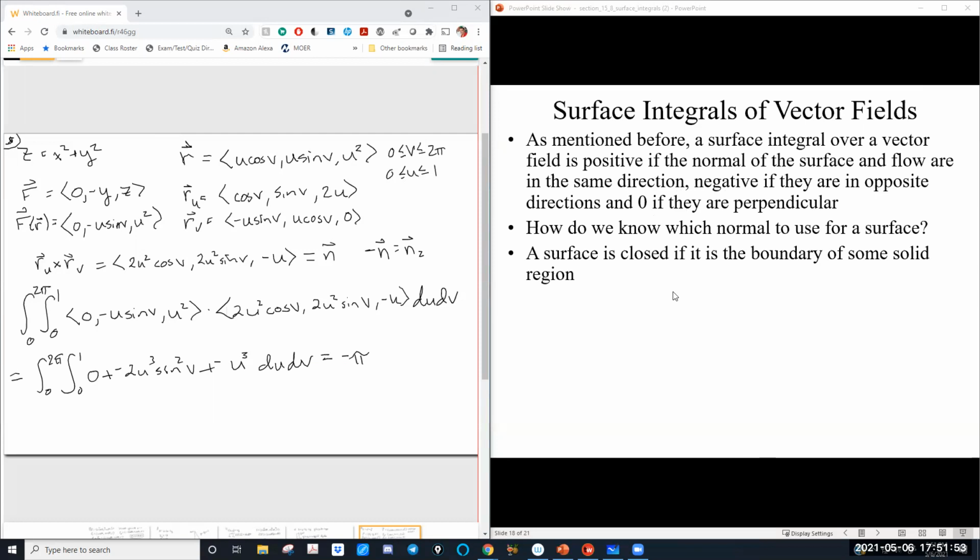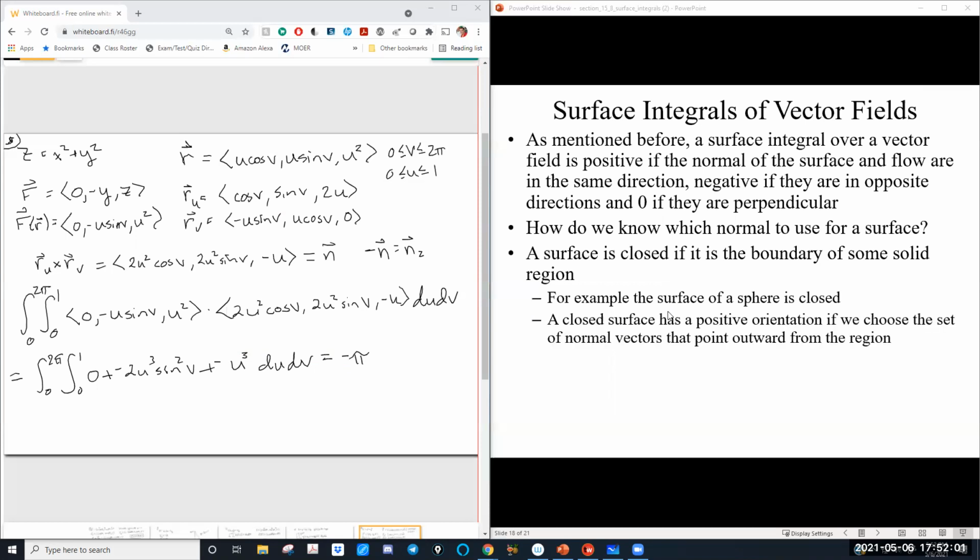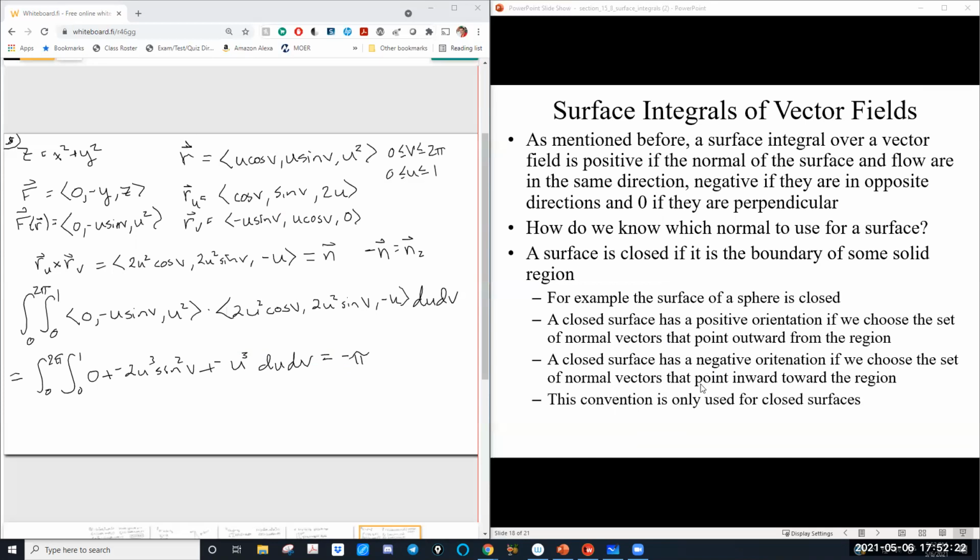Well, if a surface is a closed boundary of some solid region, for example, like the surface of a sphere, then the positive orientation is the outward pointing vectors. So if it were a sphere, all the vectors pointing out of the sphere would be the normal vector we would use. And then the negative orientation would be coming into that surface.